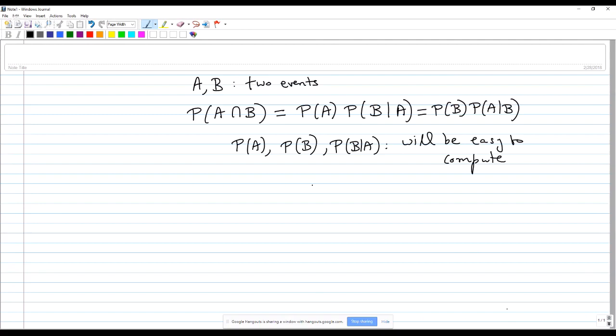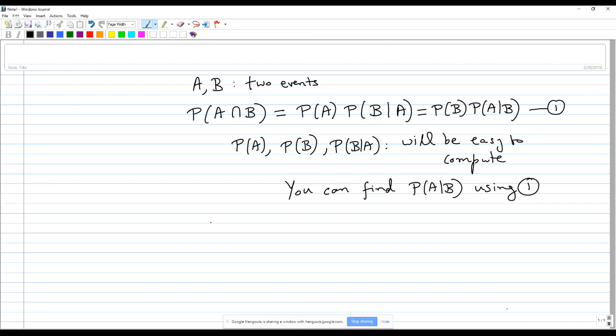Then using this rule for probability of A given B, you can find probability of A given B using this relationship. That's the basic idea in conditional probability and Bayes theorem. So hopefully that part is clear. So you can think of many examples which work like this.